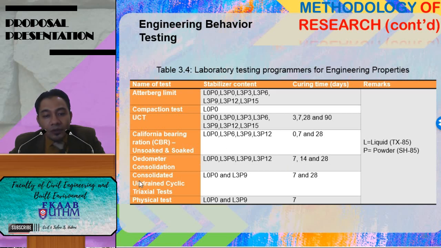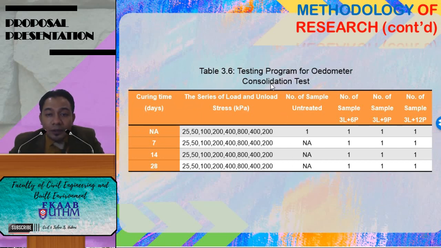For the consolidated undrained cyclic triaxial test, this is what we call the advanced testing. We only use the optimum percentage determined by UCT. From the UCT result we can know the best proportion. Also for the physical test we mix with the optimum percentage.